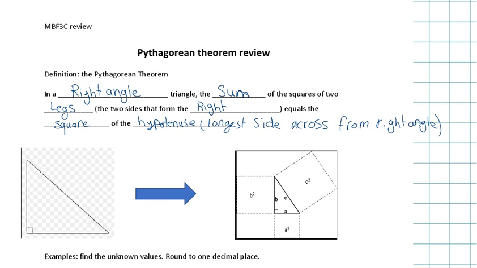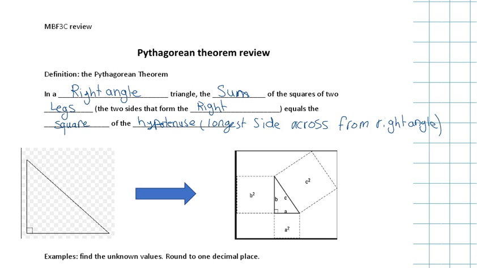Okay, so if you imagine a triangle has three sides, right? When you're looking at the right angle triangle here, you have three sides. Two of the sides, the two that form the right angle, are called the legs of the triangle. And the third side, which is the longest side, is the hypotenuse.